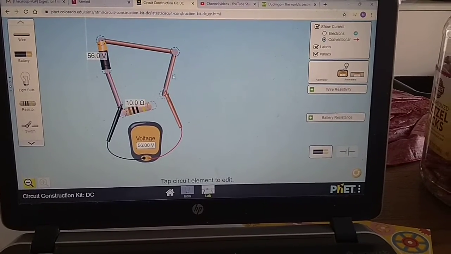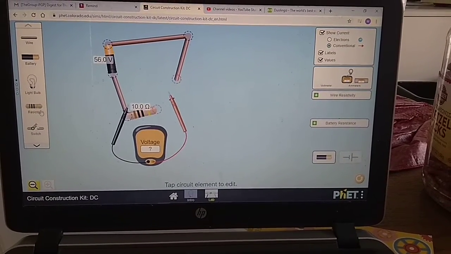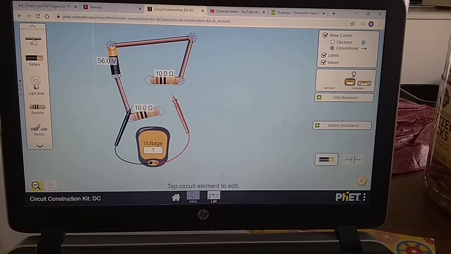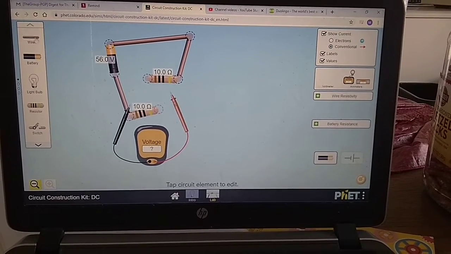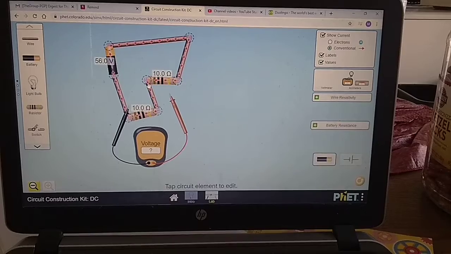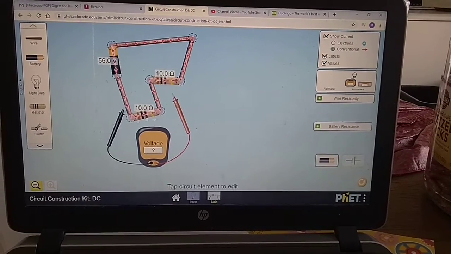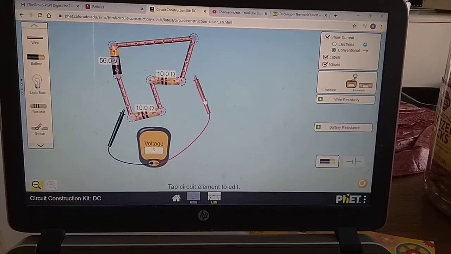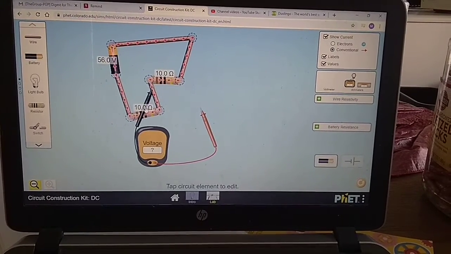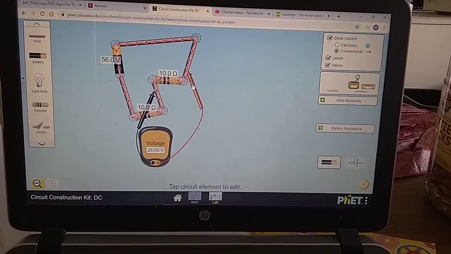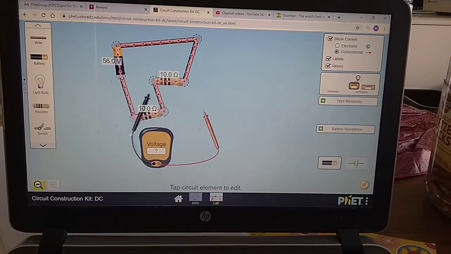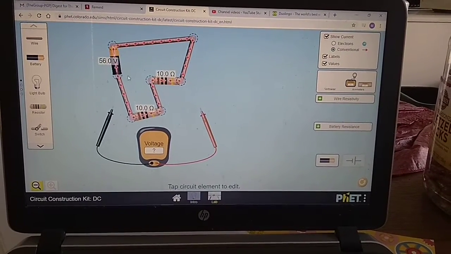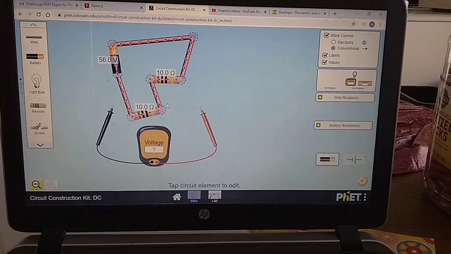Now, what if I have more than one resistor? This is getting a little bit complex. Let's say I have more than one resistor. The voltage gain in the battery is still 56 volts. I have a 28-volt drop there and a 28-volt drop there. 28 plus 28 is 56. So the voltage gain of the battery equals the voltage drop for the entire circuit.